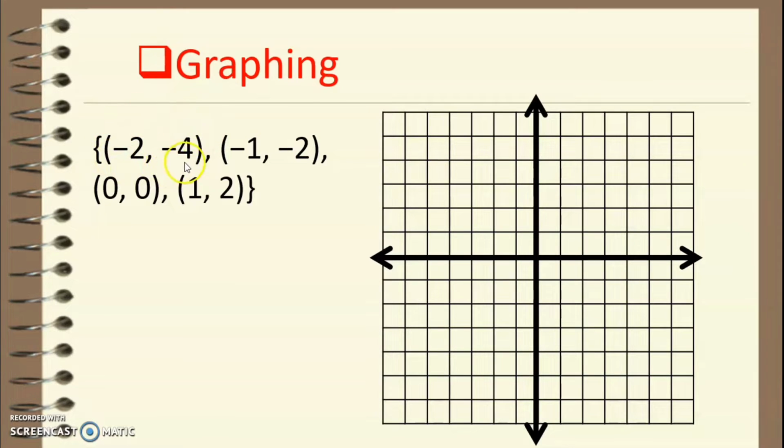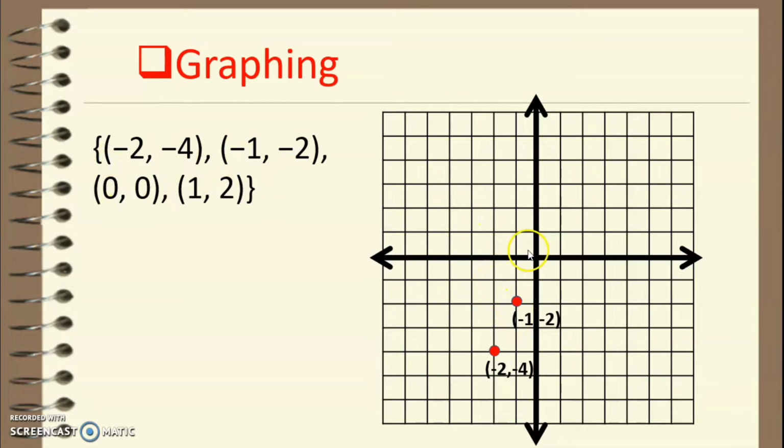We plot the first ordered pair, negative 2 and negative 4. So, negative 2 ang x, y is negative 4. So, ito yung first ordered pair natin. Then, i-label. Next is negative 1 and negative 2. So, negative 1, negative 2. Then, label.